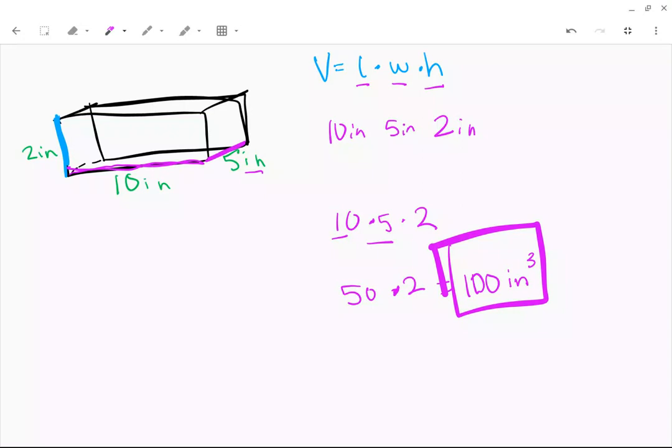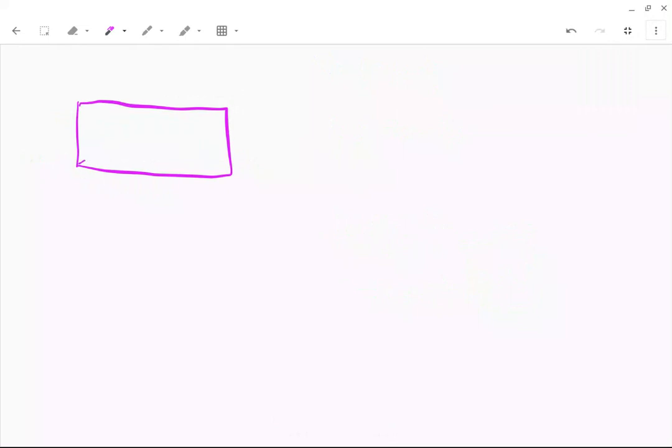So let's try to do another problem. So if I have, again, a rectangular prism, which I can't draw that well. There we go.